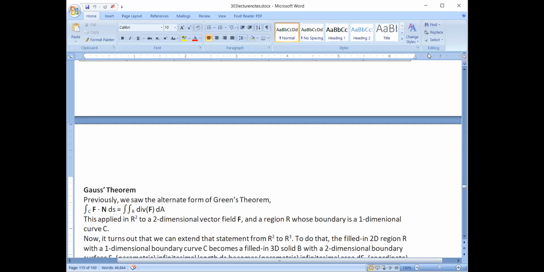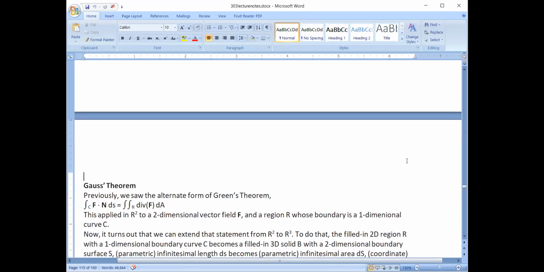The two-dimensional region R with a one-dimensional boundary curve C becomes a filled-in three-dimensional solid, which we're going to call B, with a two-dimensional boundary surface, which as always we call S. ds, the infinitesimal length in parameters, becomes the parametric infinitesimal area dS.